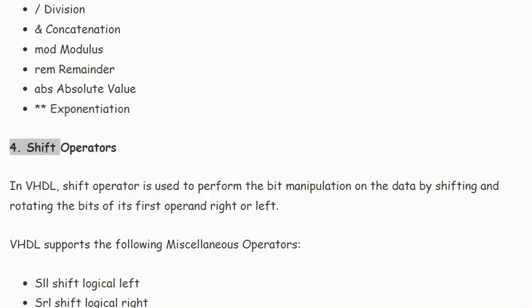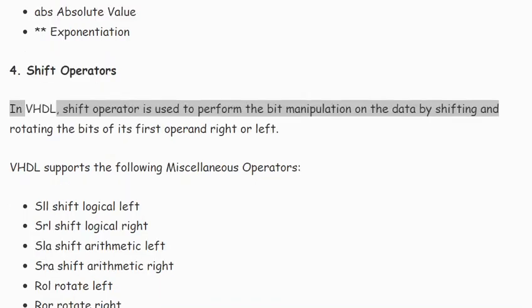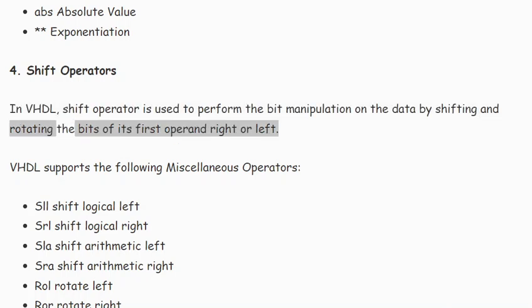4. Shift operators. In VHDL, shift operators are used to perform bit manipulation on the data by shifting and rotating the bits of the first operand right or left.